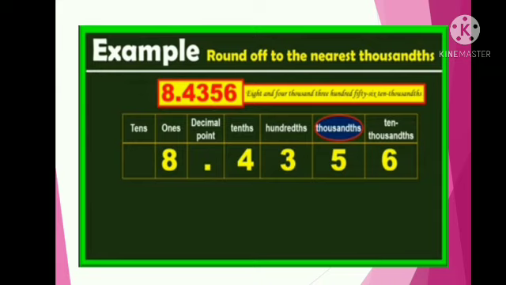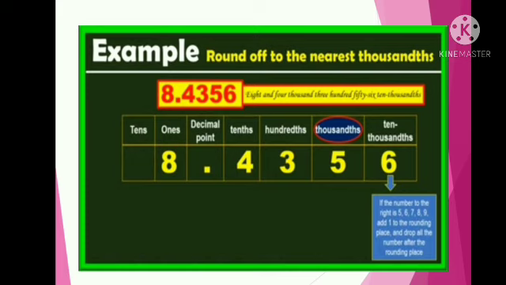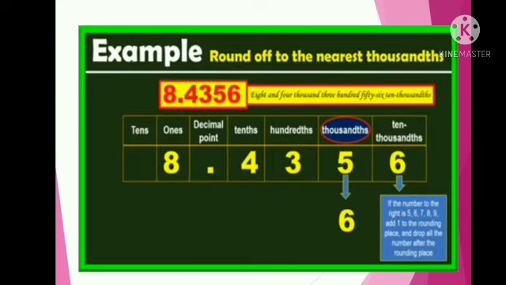So based on our rule, if the number to the right is 5, 6, 7, 8, or 9, add 1 to the rounding place and drop all the numbers after the rounding place. Kaya naman yung 5 ay magiging 6. Then kopyahin natin ang natitirang digits na nasa kaliwa or nasa left side, pati na rin ang decimal point.